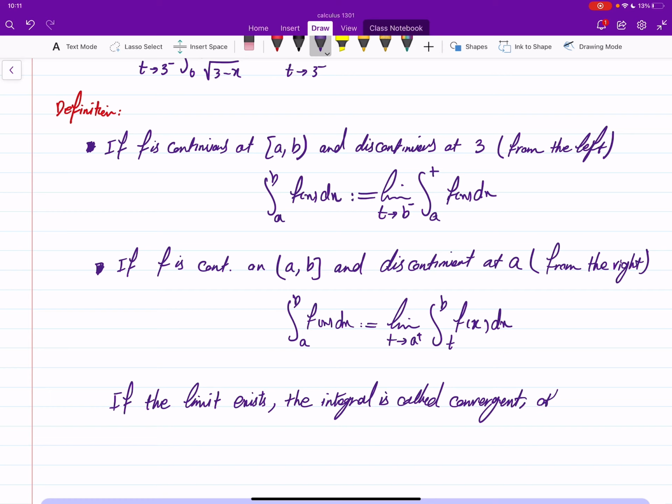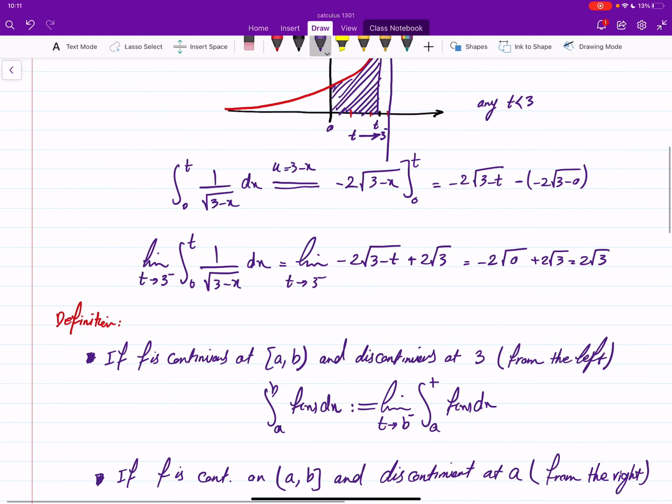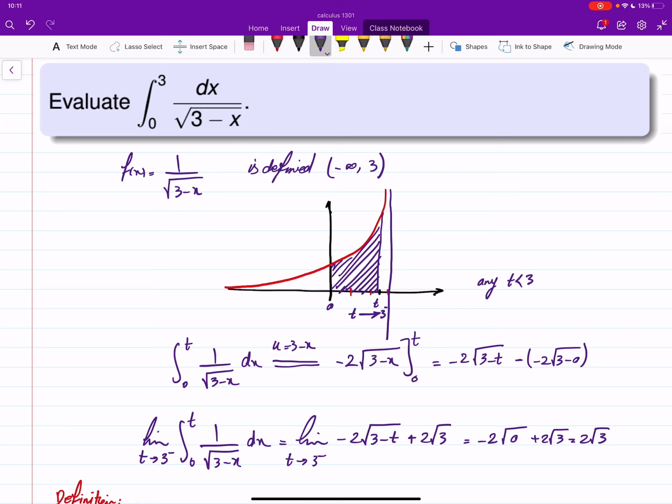Otherwise, it is divergent. So based on what we did, the limit exists, so this integral that we have is convergent, and it has actually the value 2 root 3.